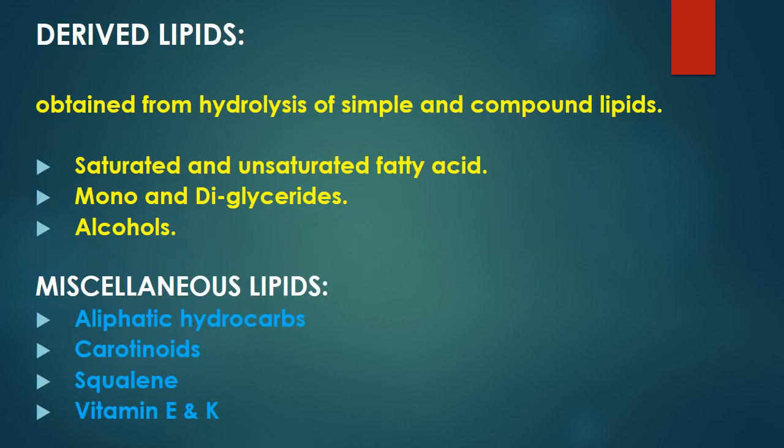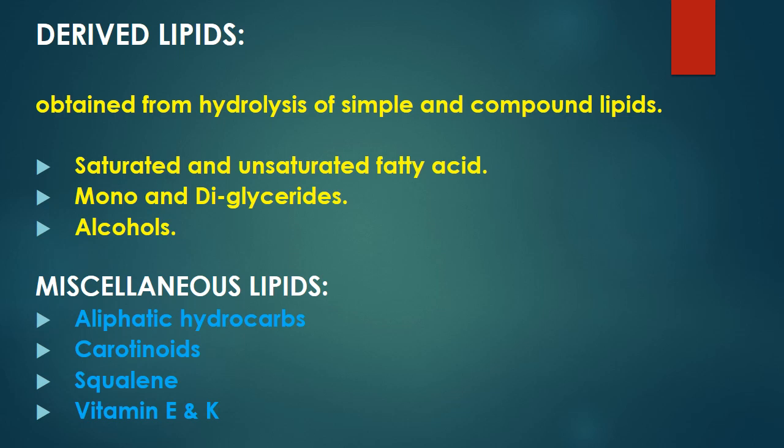The third category of lipids is the derived lipids. These are obtained from hydrolysis of simple and compound lipids, like saturated fatty acids or unsaturated fatty acids, or mono and diglycerides. In the glycerol there can be three esters; sometimes one is broken away, so it can be a diglyceride, or two are broken away, so that is a monoglyceride. They all come under derived lipids, or sometimes other alcohols.